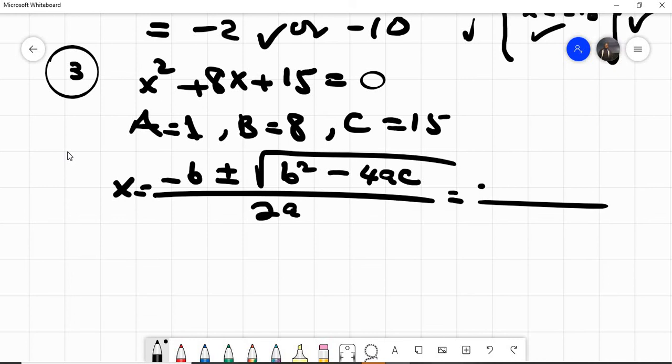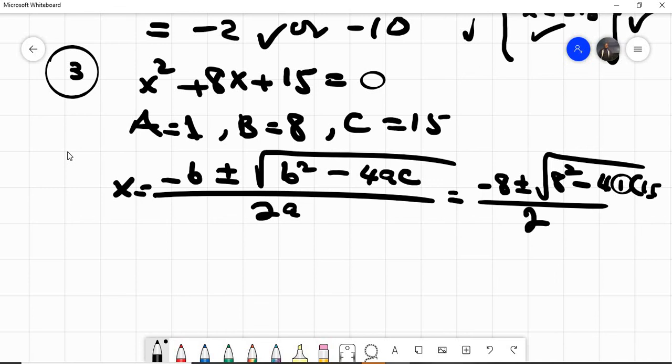Minus b is gonna be minus 8 plus or minus square root of 8 squared minus 4 times 1 times 15, divided by 2.